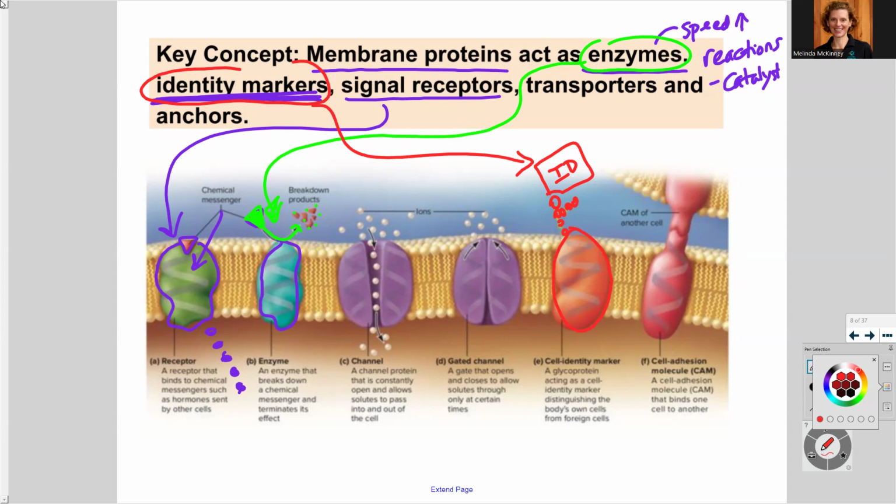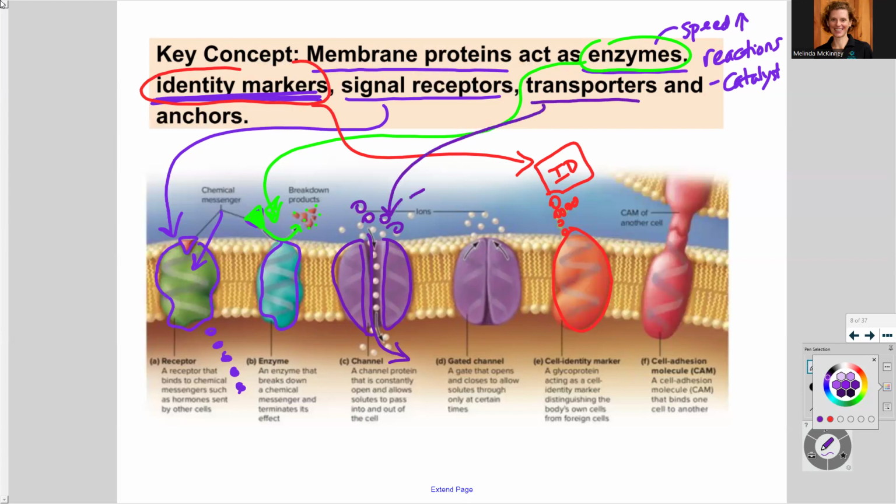And then there's transporters. The transporter, let's see what color I could use here that I haven't used. Well, it's purple, so let me try that. So the transporter here, this channel, is going to transport molecules from the outside to the inside. So that's a transport molecule or protein. Here, that's this one here.